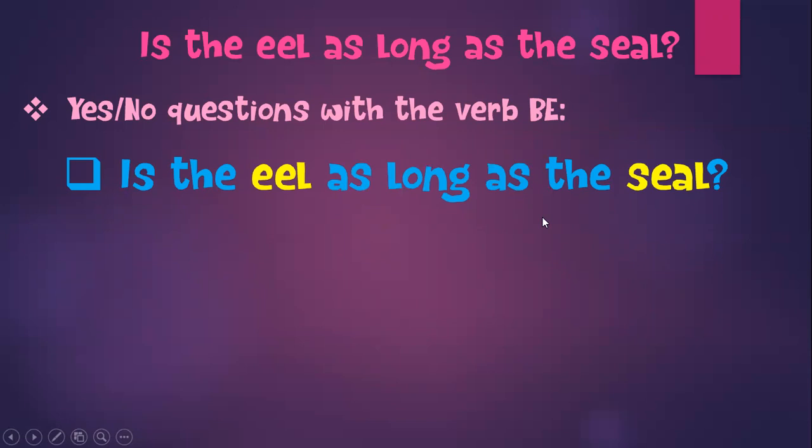In this case, we are using the adjective long. So one more time. Is the eel as long as the seal? The answer is, what do you think? Yes or no? Well, if you look at your student book, you will know the answer.